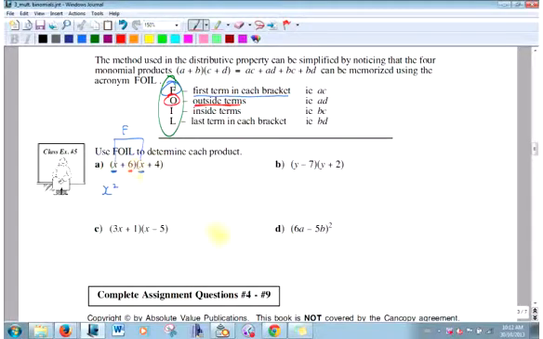This is on the outside, and 4 is on the outside, right? The far left and the far right are on the outsides. Does that make sense? What is 4? Those are outside. 4 times x is 4x.